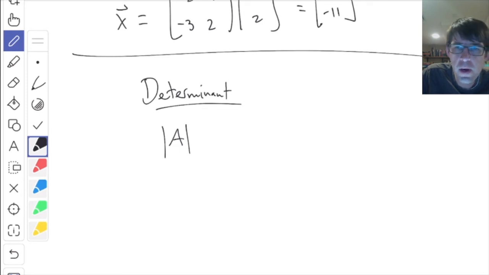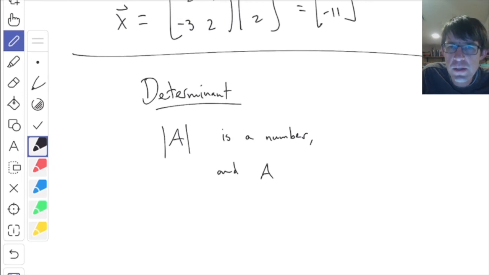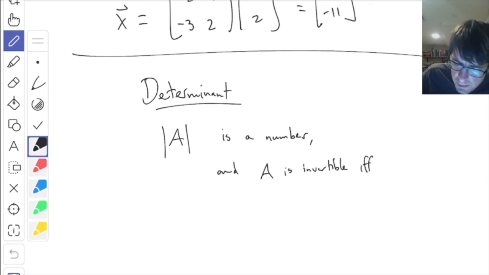What the determinant of a matrix is principally useful for is that it's most useful for telling if a matrix is invertible or not. That's why it's called the determinant, because it determines whether the matrix is invertible or not. A is invertible if and only if the determinant of A is not 0.